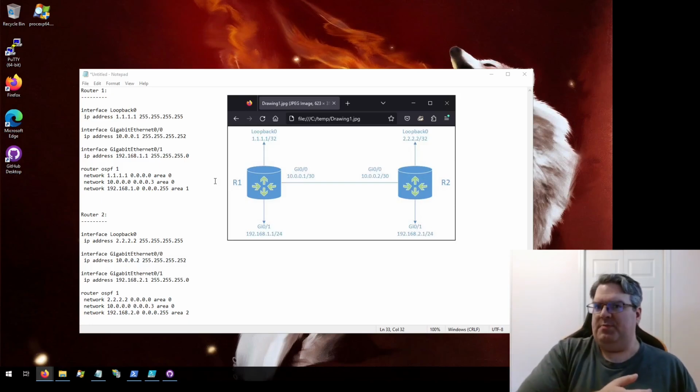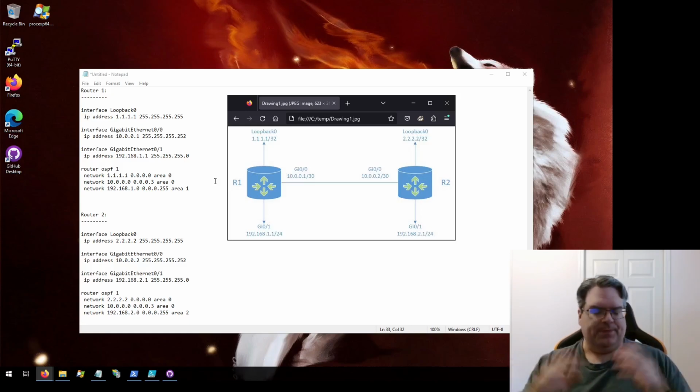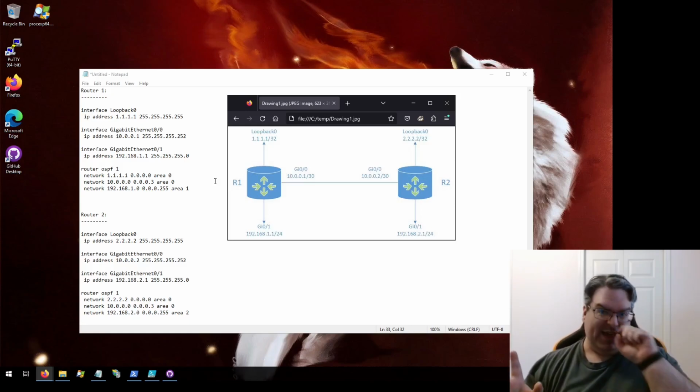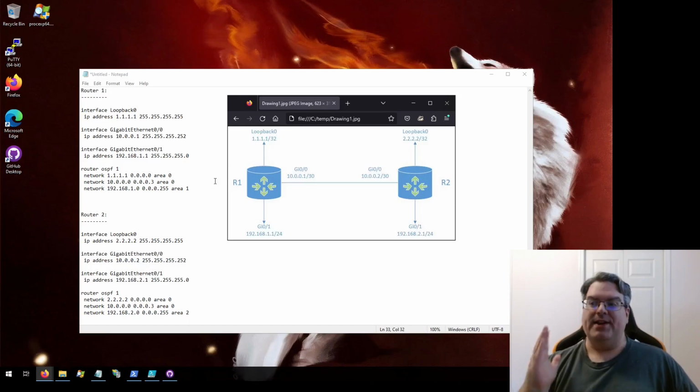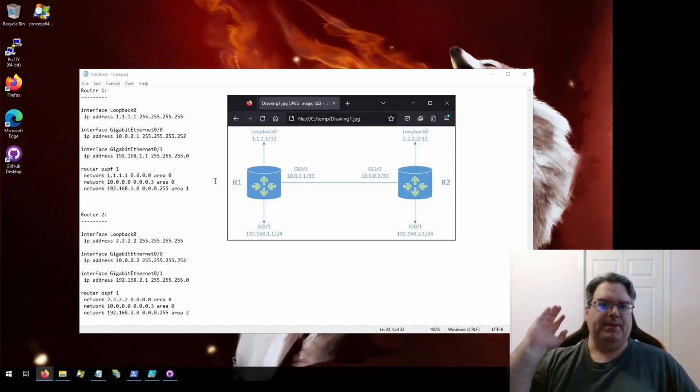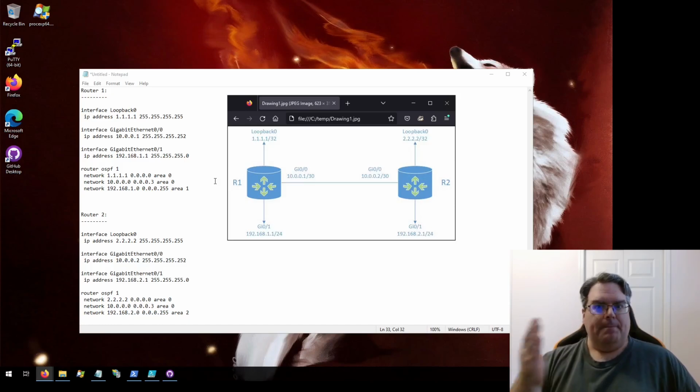Does this mean that OSPF is at layer 4 or technically layer 7 because it's an application? I'm not going to get into that. You could argue either one of those, but it is its own IP protocol. It has its own IP protocol number, which means most of your firewalls out there, which are based on, is it TCP, is it UDP, what's its port number, OSPF will not make it through any of those because it's not TCP or UDP.